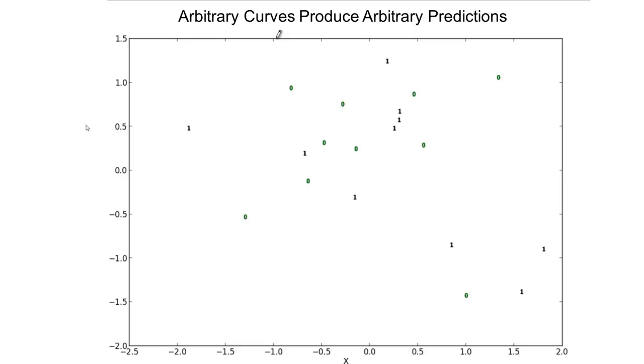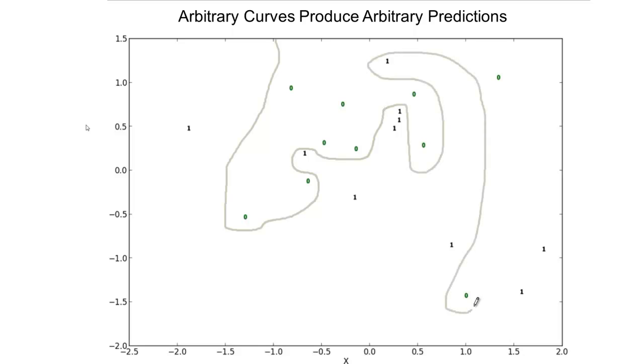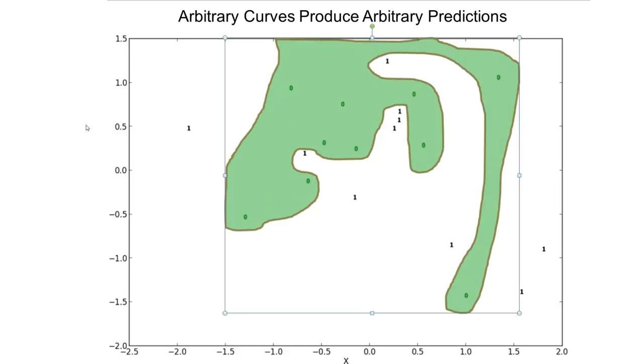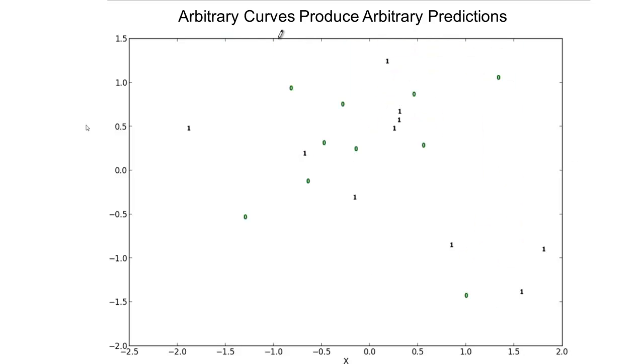Arbitrary curves produce arbitrary predictions. Here we have data, and we're going to arbitrarily separate the zeros from the ones. Class 0, as you can see, we're making it so that all the class zeros are on one side of this curve, and all of class 1 is on the other side. Now, let's suppose that we do it again.